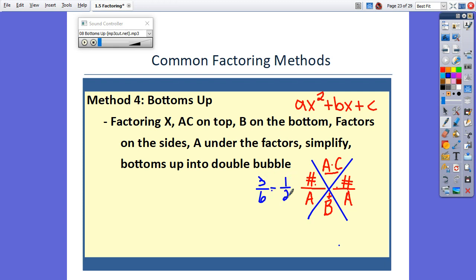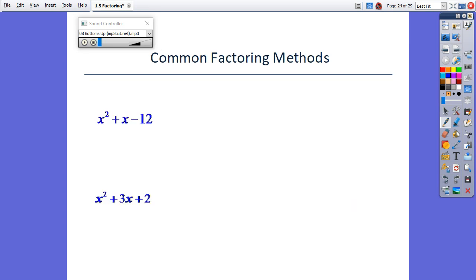So notice I still have a denominator. This is where I do bottoms up, because I have something in the bottom that I'm going to move up. If there's nothing in the bottom, if there's a 1, then you really don't even need to use bottoms up. You can go straight to your double bubble and go from there. So as we work through these, hopefully that looks familiar. I know other instructors do it that way as well.